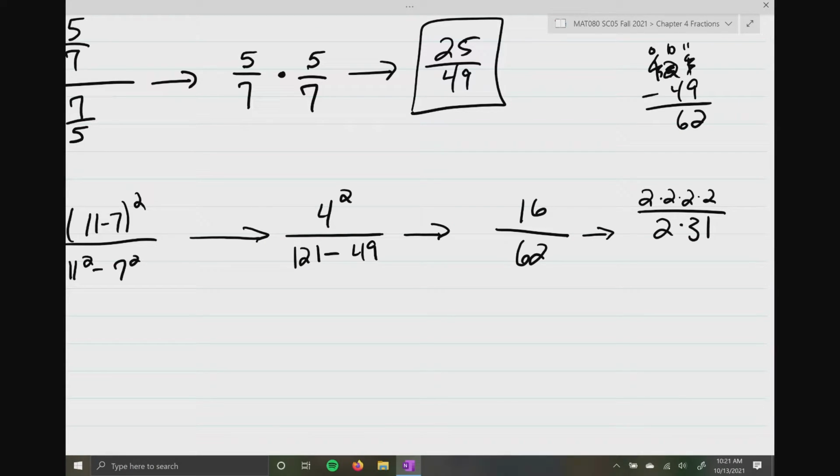Would you agree? All right, from here, just reduce what you can. In this case, we can only reduce one set of 2. So 2 over 2 reduces. What's left over in the numerator? 2 times 2 times 2, which is 8. And then 31 in my denominator.